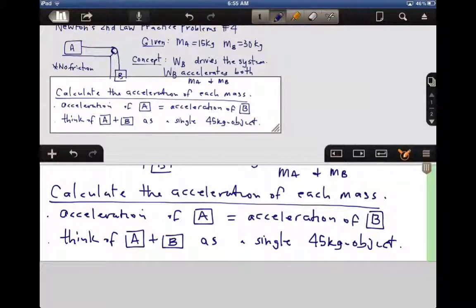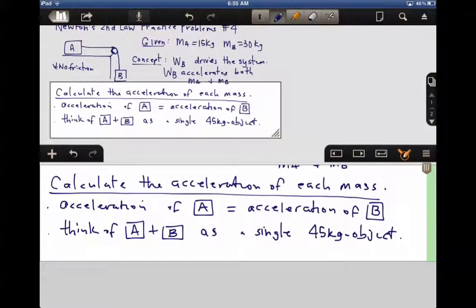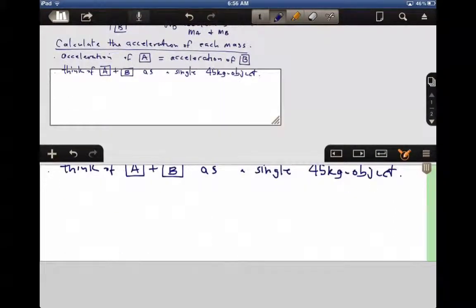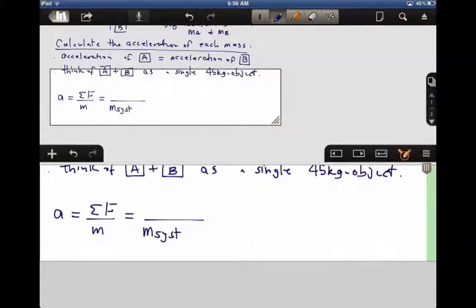So now if I want to calculate the acceleration, I'm actually going to go straight to Newton's second law. I don't have to do a whole lot more. A from second law is the net force divided by mass. Well, in this case, I'm talking about the mass of the whole system. The mass of the entire object is 45 kilograms.